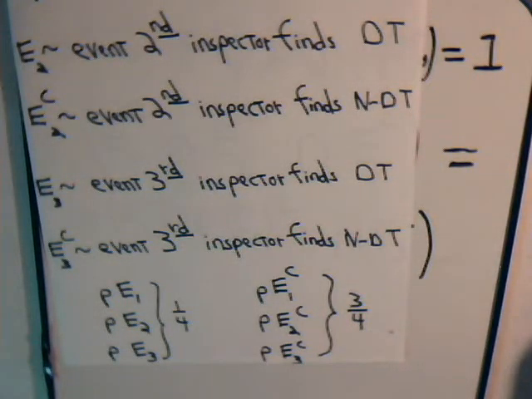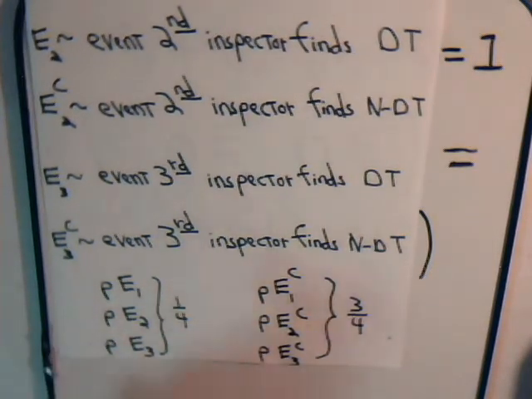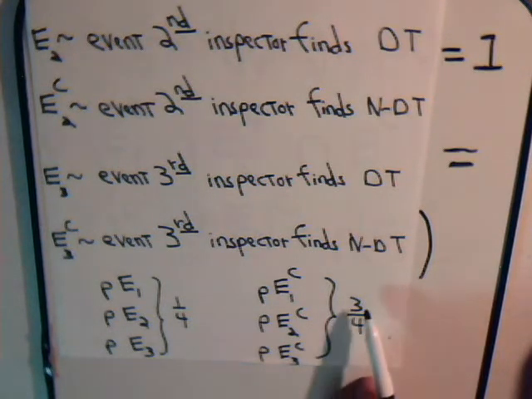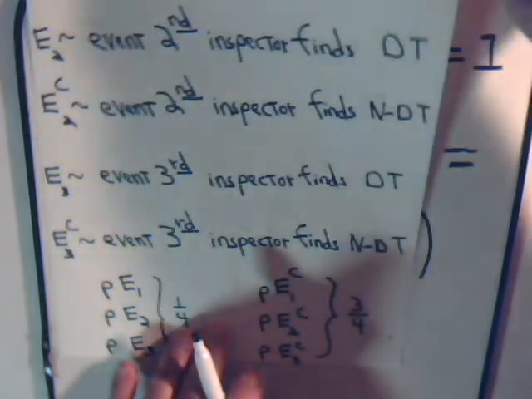The box has 20 transistors, 5 of them are defective, so the probability of finding a defective transistor each time is 5 out of 20, or 1/4. Then the probability of finding a non-defective transistor is 1 minus 1/4, or 3/4.